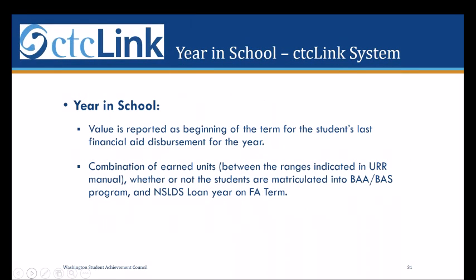In the CTC link URR reporting, the year in school value is reported as beginning of the term for the student's last financial aid disbursement for the year. It's a combination of earned units between the ranges indicated in the unit record manual, whether or not the students are matriculated into their bachelor program, and the NSLDS loan year on FA term.